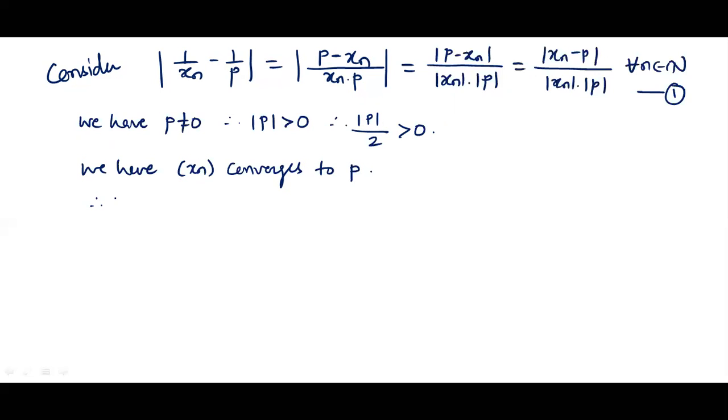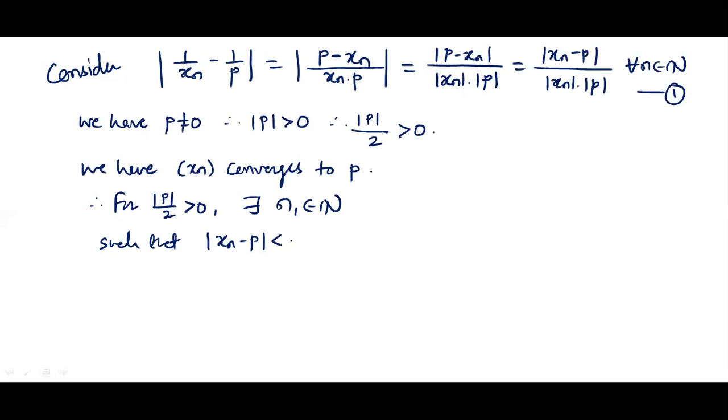Therefore, for mod p by 2 greater than 0, there exists a natural number n1 such that mod of xn minus p is less than mod of p by 2 for all n greater equal n1.